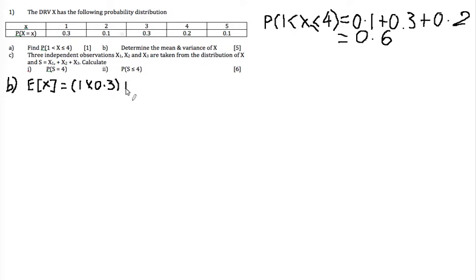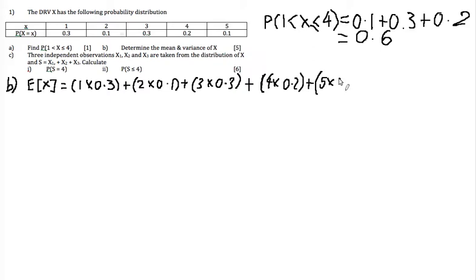So we have 1 times 0.3 plus 2 times 0.1 plus 3 times 0.3 plus 4 times 0.2 plus 5 times 0.1.